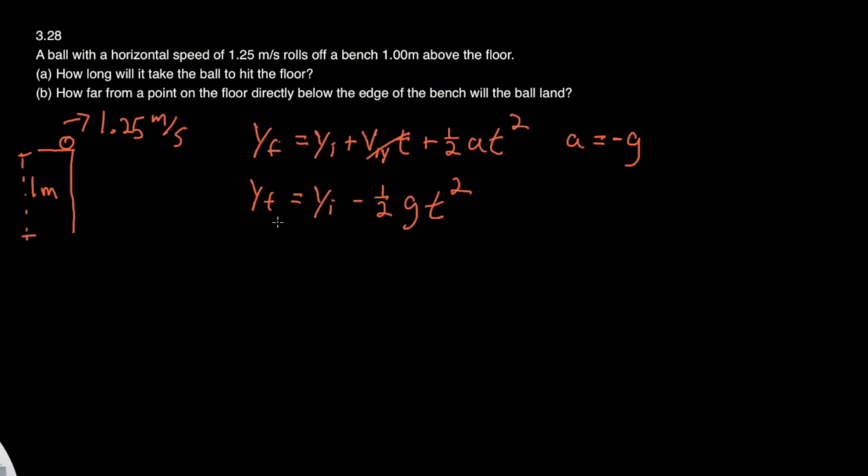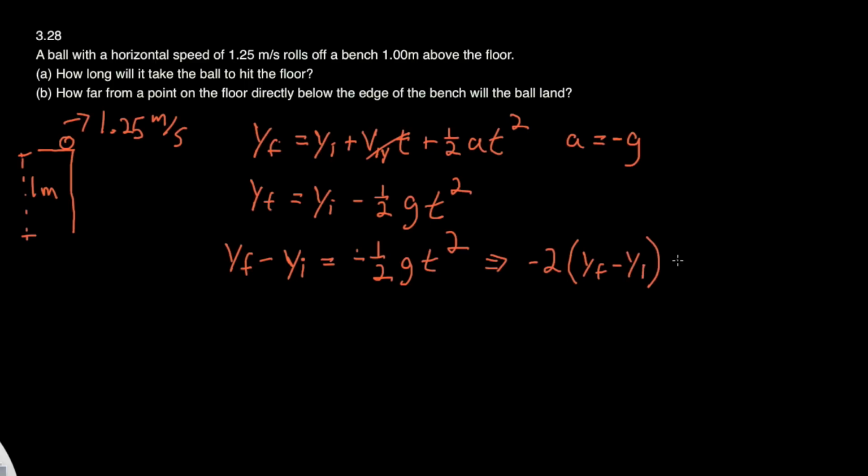Subtracting y initial from both sides, we get y final minus y initial is equal to negative 1/2 g t squared. Now I'm going to multiply both sides by negative 2 to get rid of the 1/2, so negative 2 times y final minus y initial is equal to g t squared. And now all I have to do is divide through by g.